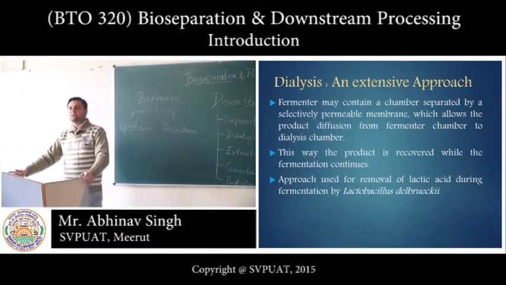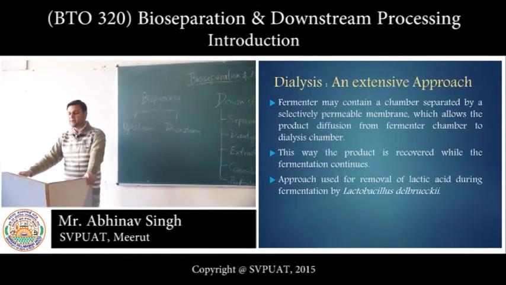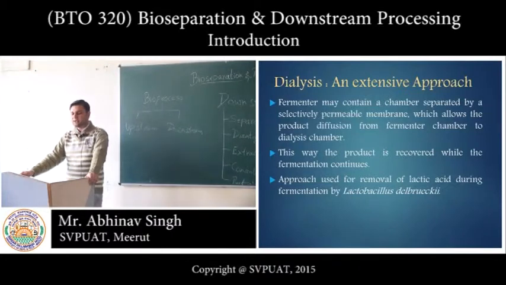I am telling you how dialysis is done in the fermenter. The fermenter may contain a chamber separated by a selectively permeable membrane, which allows the product to diffuse from the fermenter chamber to the dialysis chamber. So there are two different chambers available. In this way the product is recovered while the fermentation continues.